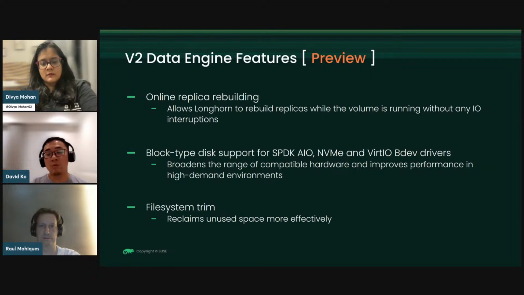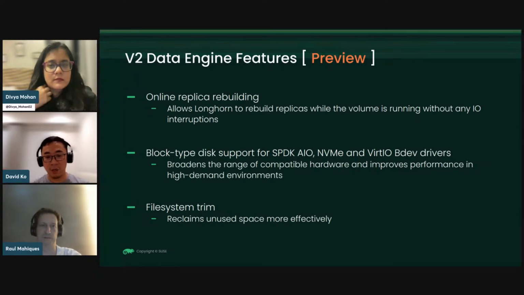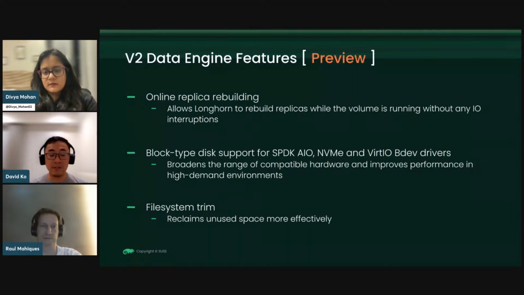But right now, Longhorn 1.7 is coupled with the latest SPDK release, and in the latest SPDK release the AIO bdev driver already supports filesystem trim. That means we can support filesystem trim for all types of bdev driver in 1.7, so you can effectively reclaim your used space and free up space usage on your disk.